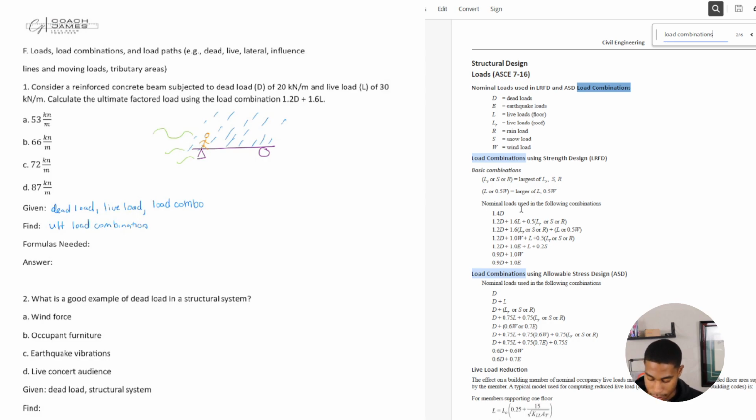But for this particular example, they are just asking us to use the load combination of 1.2D plus 1.6L. So 1.2D plus 1.6L. All right.